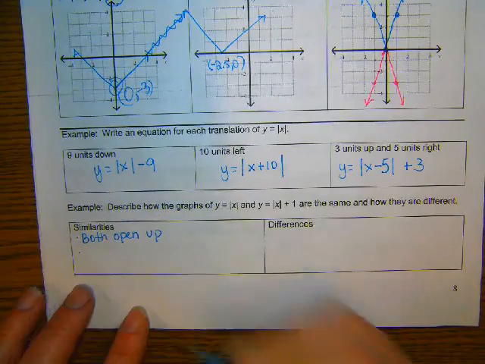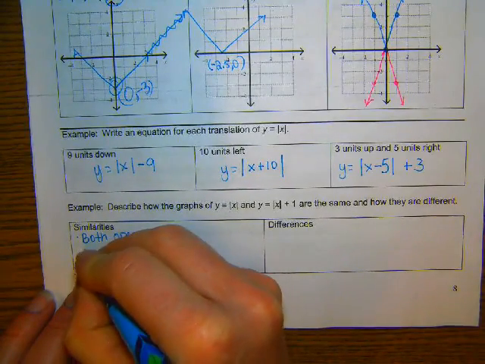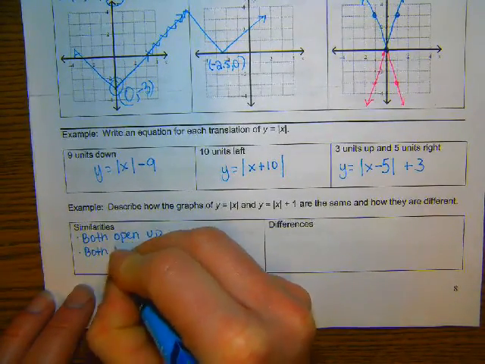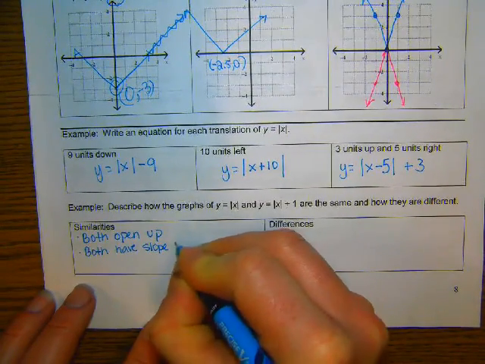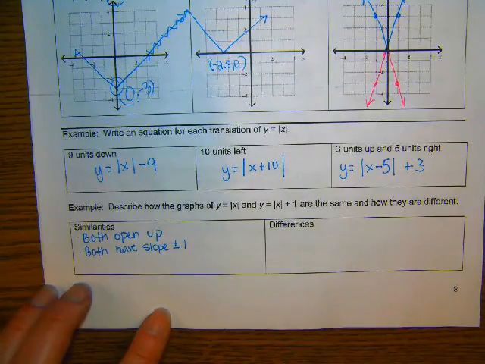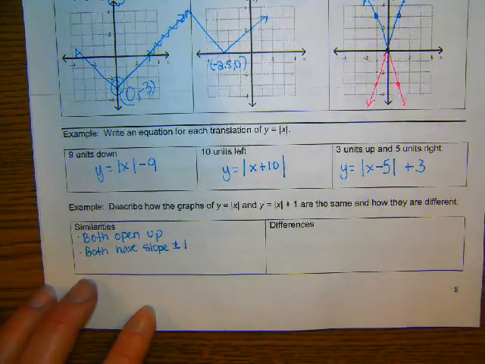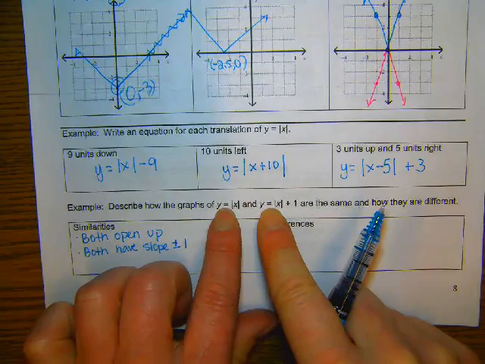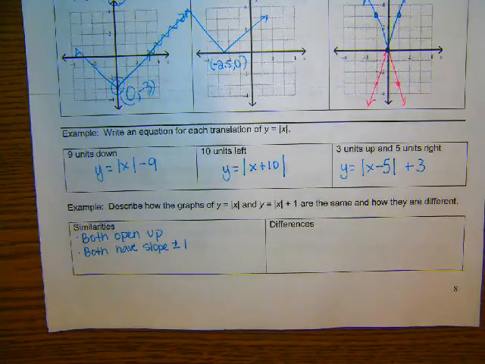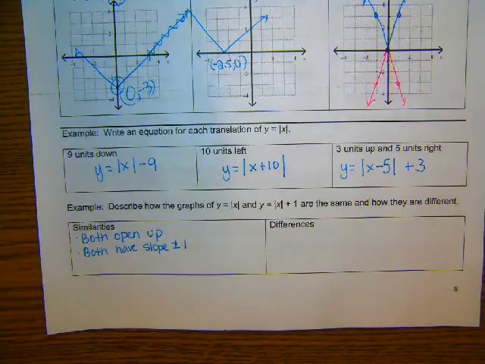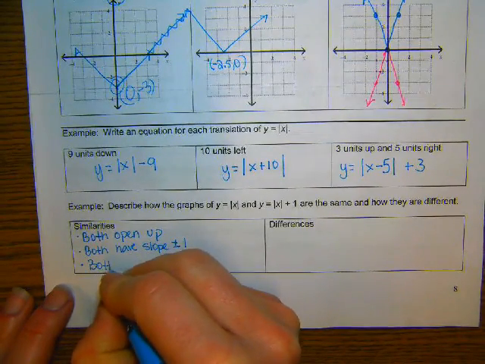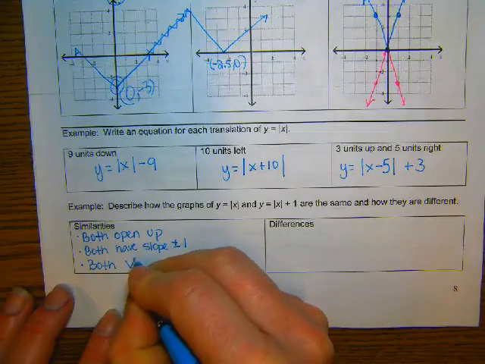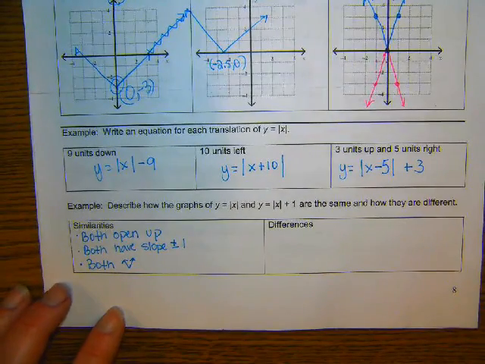Be more specific. They both have a slope of plus or minus 1 because one part of the V is positive 1 and one is negative 1, because there's nothing in front that changes that slope. They're both absolute values, right? So you can say both V-shaped.